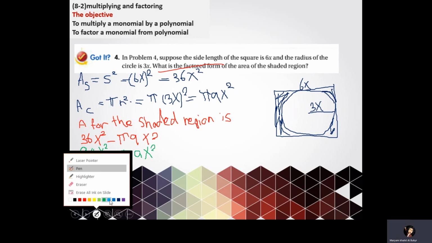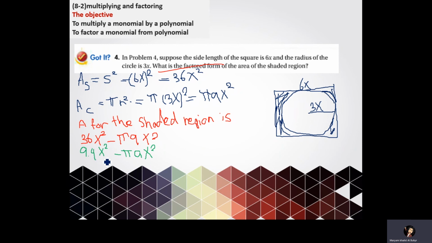So I have x squared and 9 common in all of them. Pull it out: 9x squared, open parentheses, the remaining from here, 4 minus pi, 4 minus pi. Definitely you can do exactly the same thing that I did.